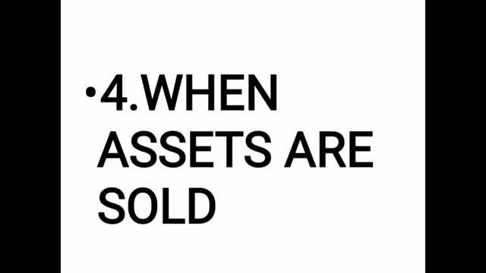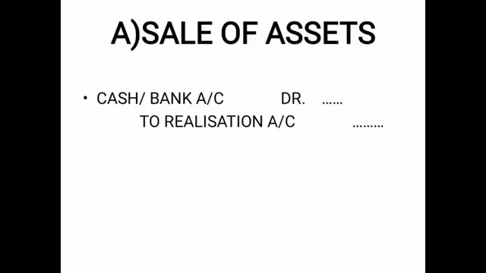So let us see what is the journal entry when assets are sold. Okay, when you sell these assets, the journal entry is cash and bank account debit to realization account.